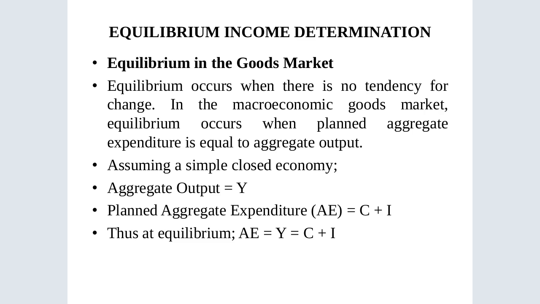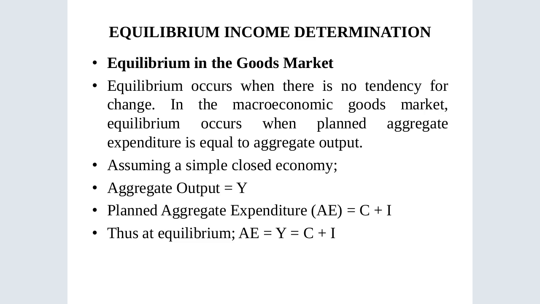Now in the goods market, equilibrium occurs when the planned aggregate expenditure is equal to the aggregate output. So when expenditure equals output, we have what we refer to as equilibrium.